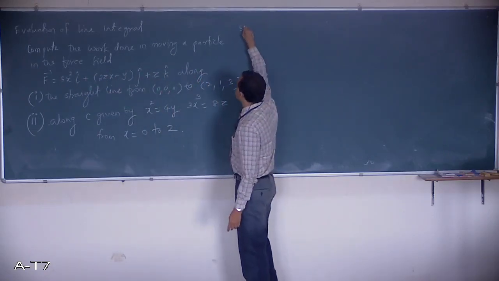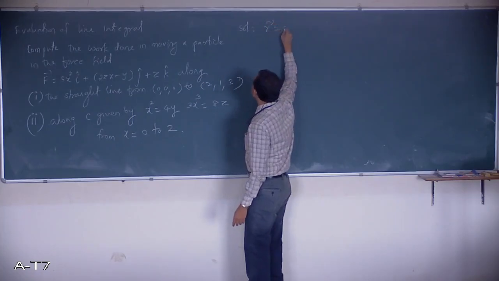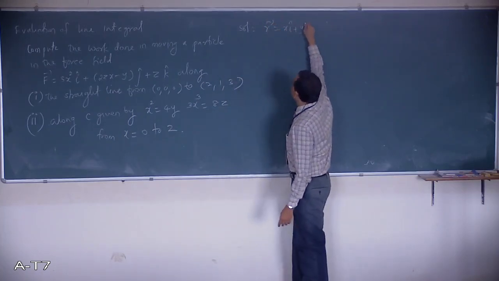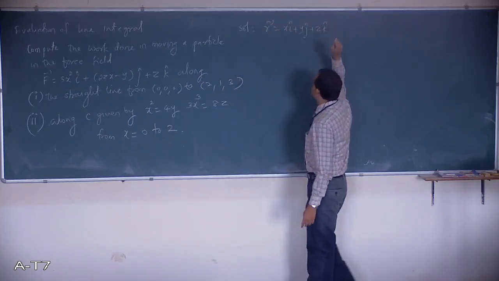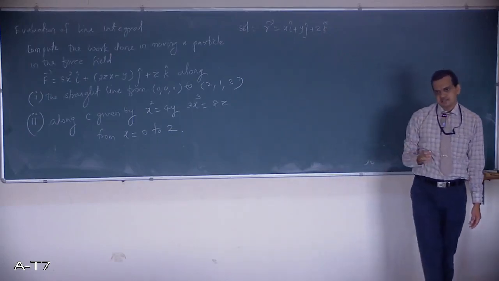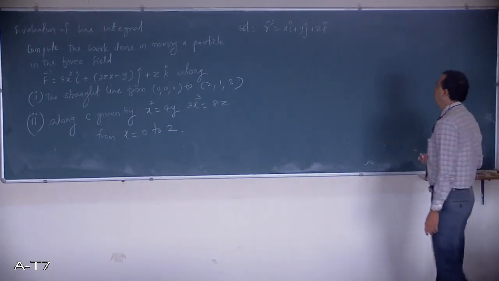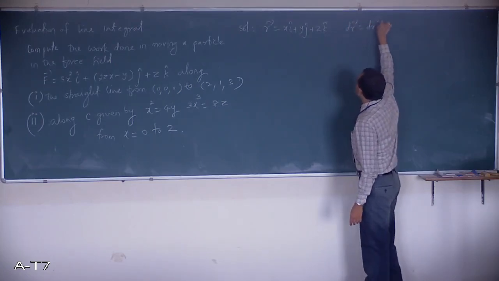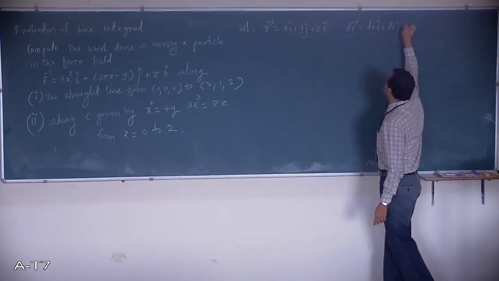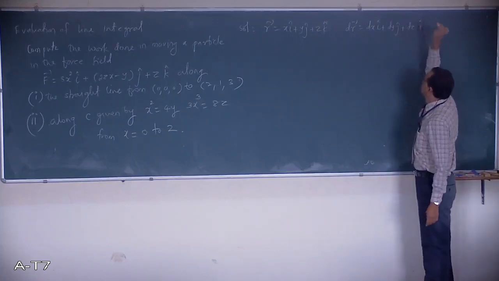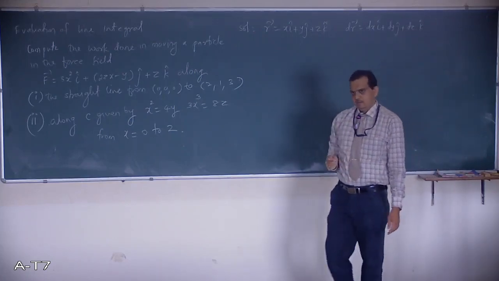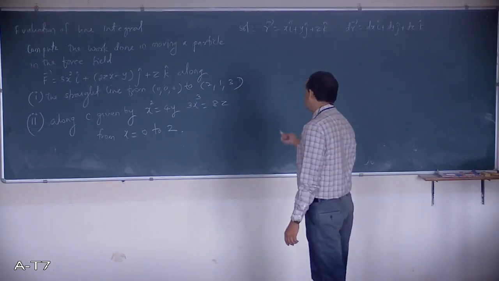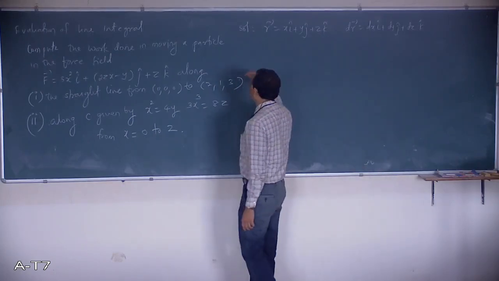So the first task is r is xi plus yj plus zk, the position vector of a particle in space. That's why it is zk. So immediately you can tell what is dr: dx i plus dy j plus dz k. So this time the function is different and hence the radius vector corresponding to that is taken differently.